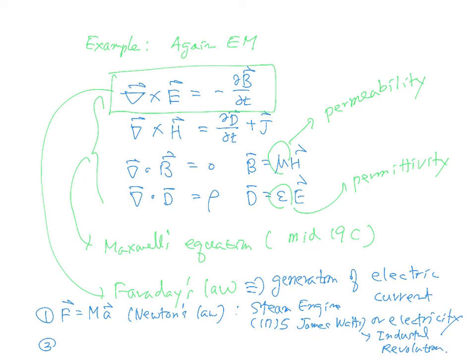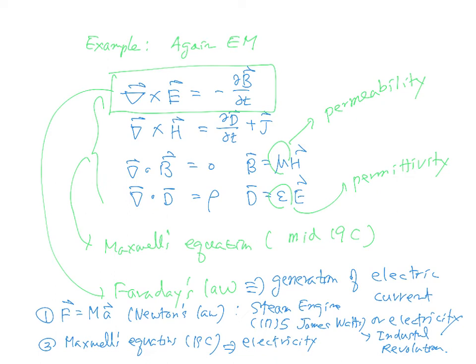The second event in technology is Maxwell's equations, mid-19th century. That led to electricity, and also Maxwell's eventual discovery from his equations was the electromagnetic wave.